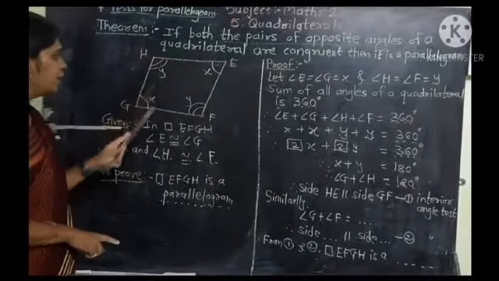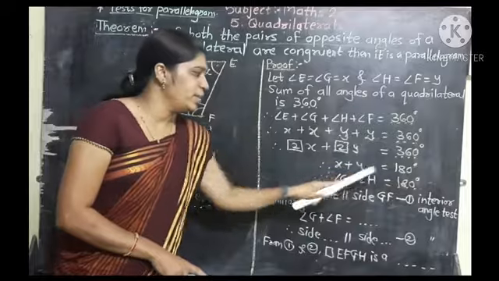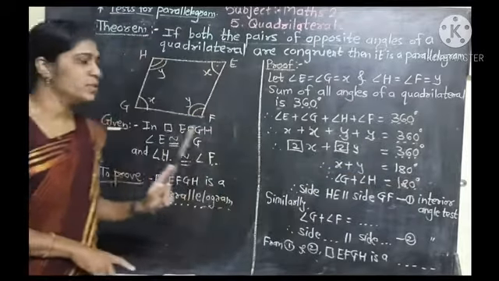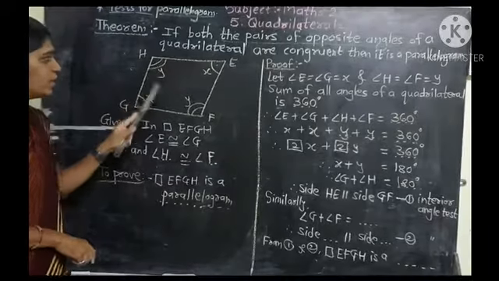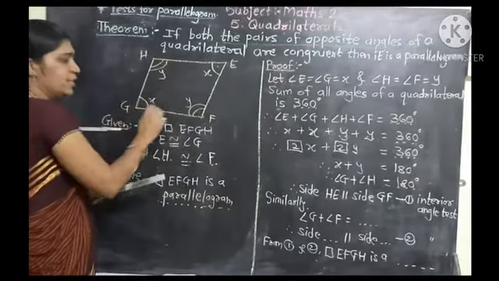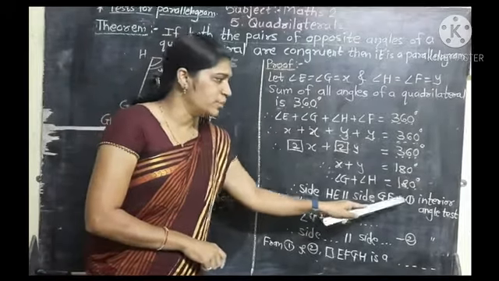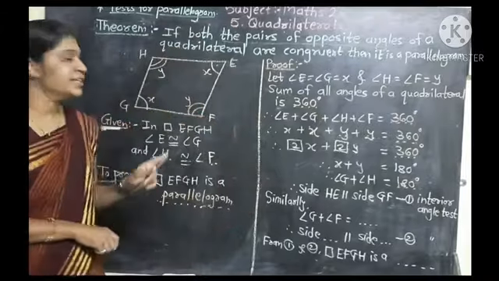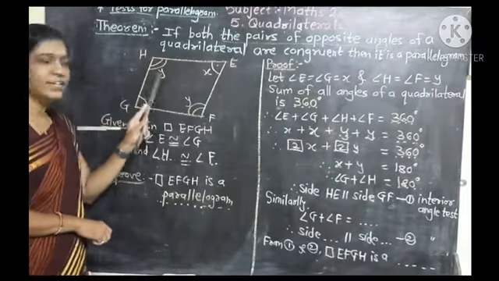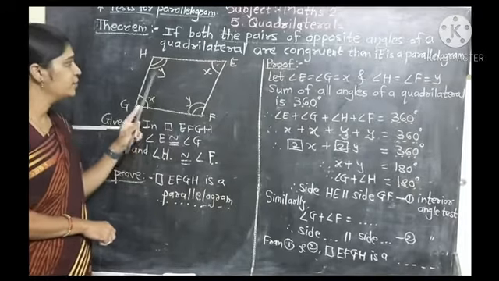So I have given here these two angles. x plus y is equal to 180, means the sum of these two angles is 180. Therefore HE is parallel to GH. Side HE is parallel to side GH because of the interior angle test. What says the interior angle test?